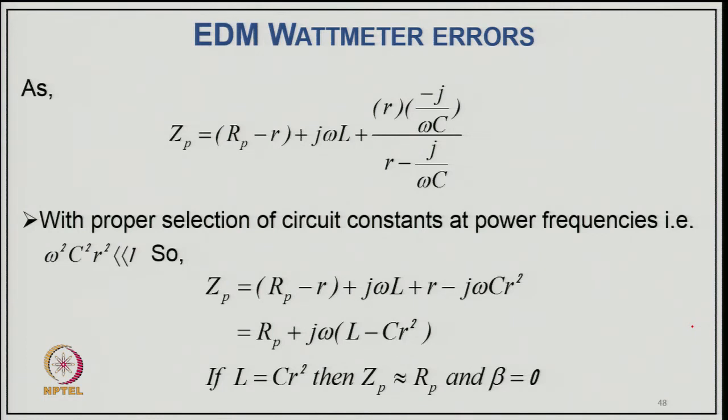If L equals C R squared, then Zp will be Rp, or you can say beta will be 0. So, by putting this kind of compensation, Zp becomes Rp and the beta angle becomes 0.